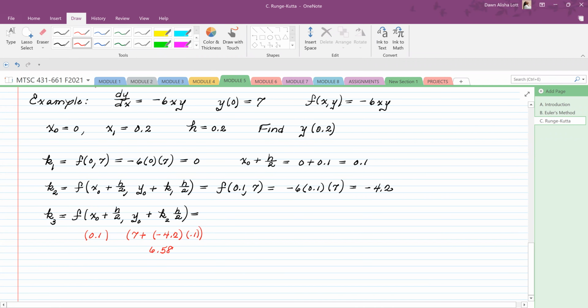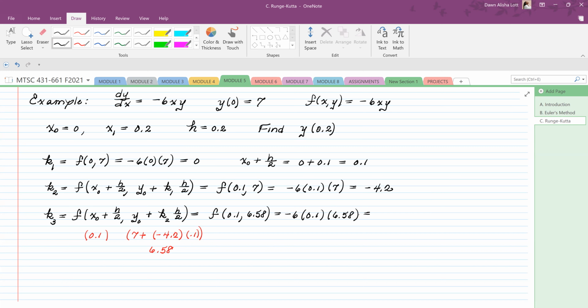All right, so this now becomes f of 0.1 and 6.58, which is negative 6 times 0.1 times 6.58. So that's negative 3.948.